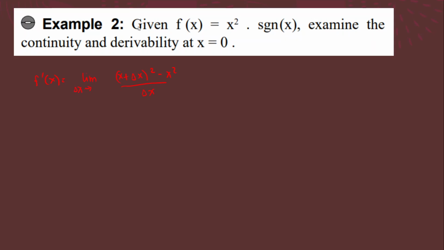Okay, so let's simplify. x squared plus 2x delta x plus delta x squared minus x squared, all over delta x. So, magka-cancel to. Sulat lang natin saglit. Okay, then magka-cancel si delta x. Okay, ang matitira dito is 2x plus delta x.